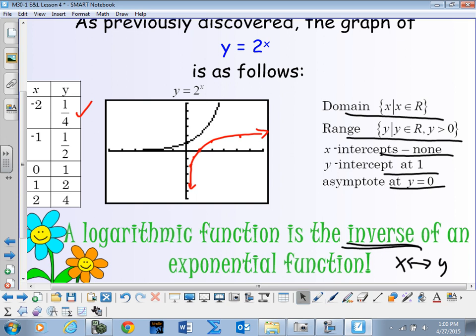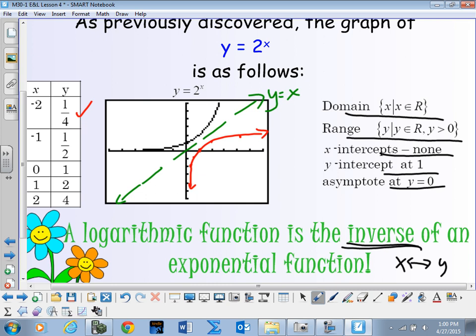I hope everybody remembers that a log function is the inverse of the exponential, and an inverse, if you remember back to that lesson on inverses, is always a reflection over the y equals x line, that diagonal line. And look at those two graphs. Definitely a reflection over the diagonal.